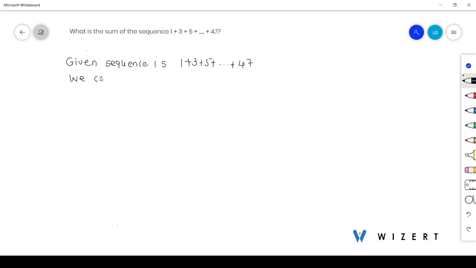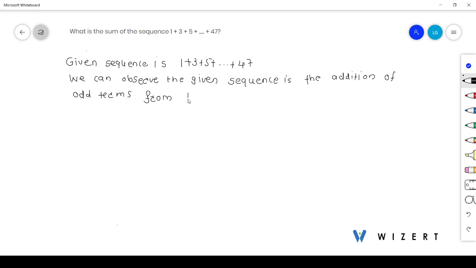Now, we can observe the given sequence is the addition of odd terms from 1 to 47.